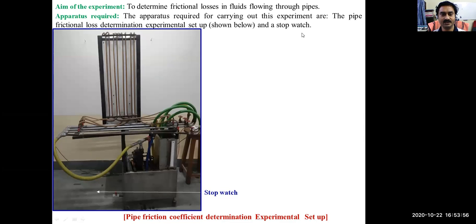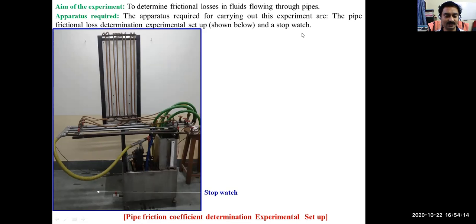For that, the apparatus required for carrying out this experiment are the pipe frictional loss determination experimental setup shown below, and a stopwatch.